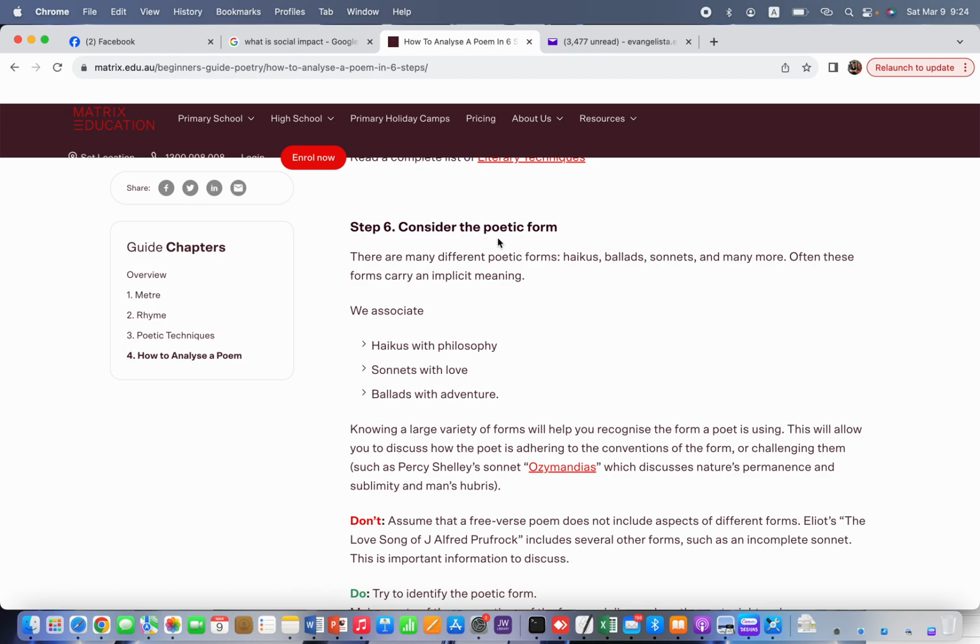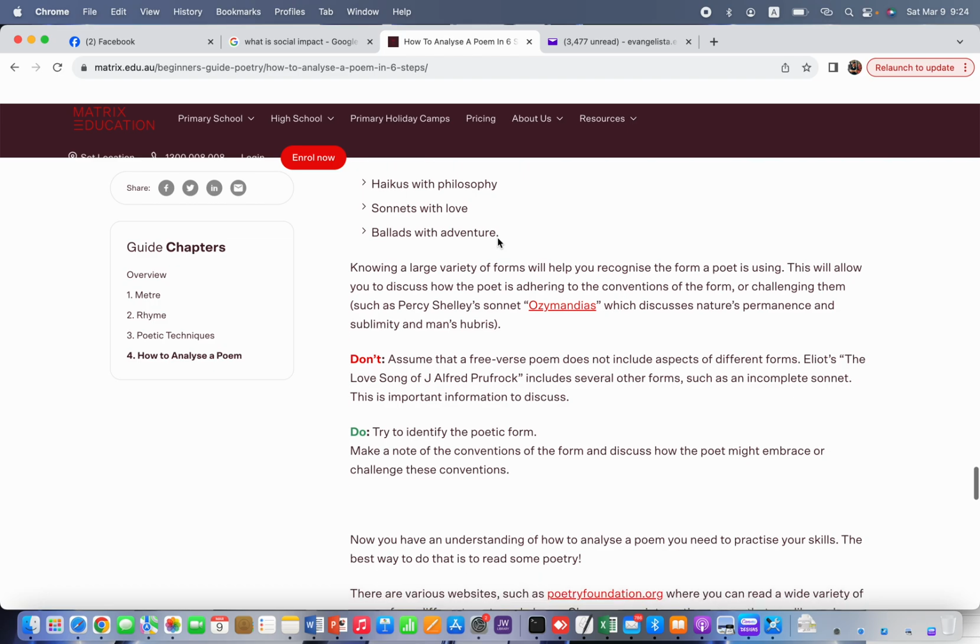Poetic form refers to the type of poetry. There are types of poetry like haiku, originating from Japan, the ballads, the sonnets, and many more. These carry an implicit meaning for particular compositions. So what you have to do is identify what these are, and just try to discuss them.